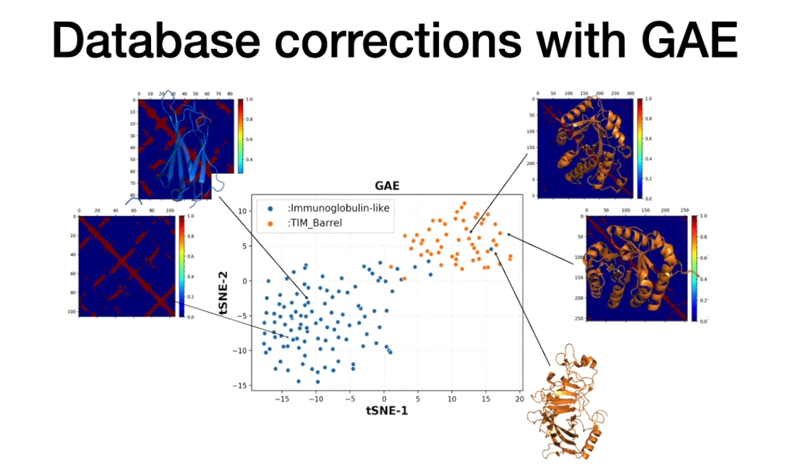I would like to point out, however, that the graph autoencoder does have some merit. Here I'm showing a result in which the autoencoder successfully separates immunoglobulin and TIM barrel folds.